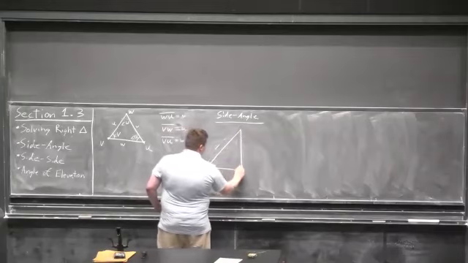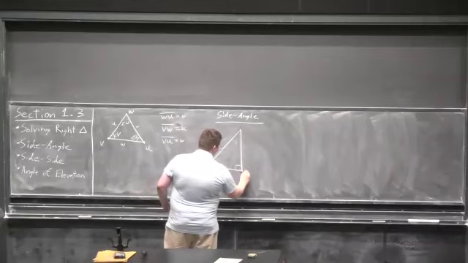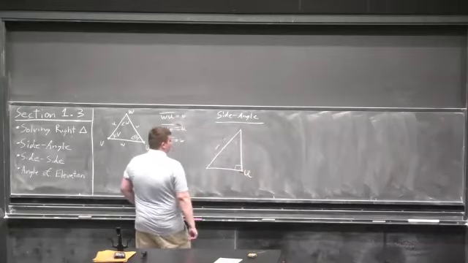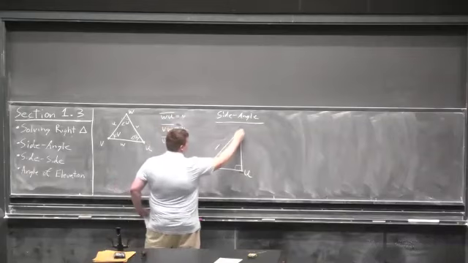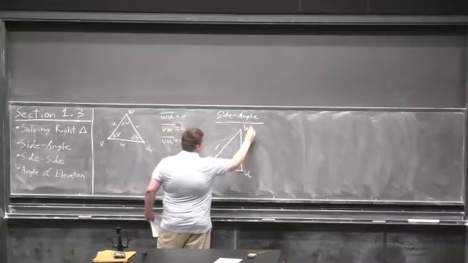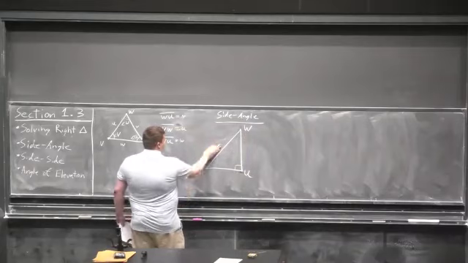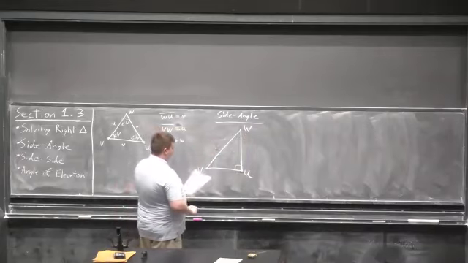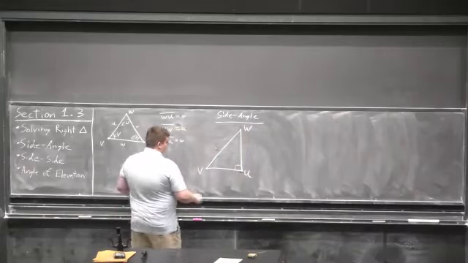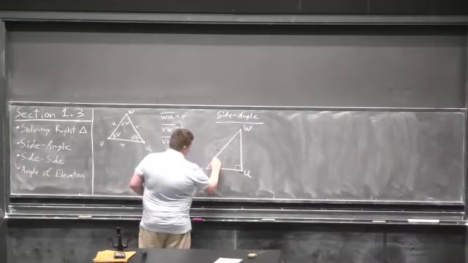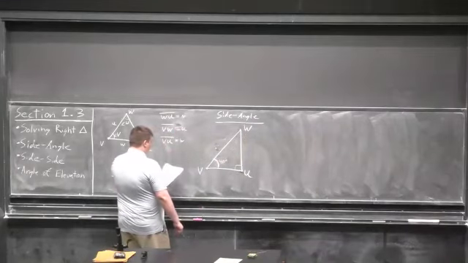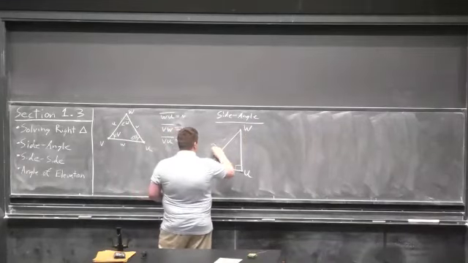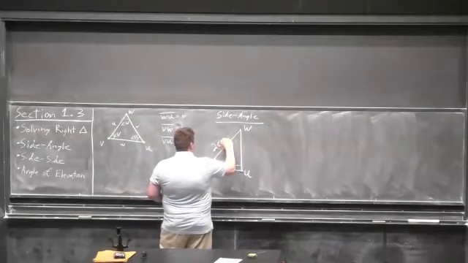And let's call this vertex U, this vertex V, and this vertex W, and we'll have generally two pieces of information given. Say we have this angle here as 40 degrees, and we're given a hypotenuse of 2 centimeters.